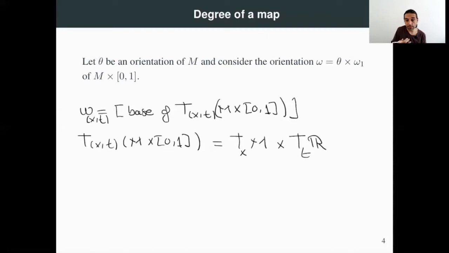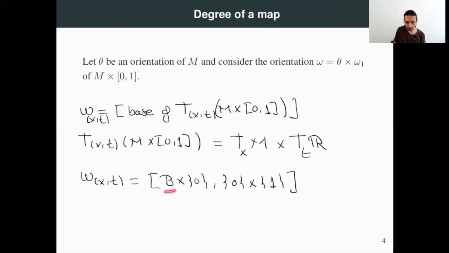Okay, indeed it is the line. And what we are going to do now is provide the base that is going to define the orientation omega. So omega of xt is going to be the class of B0, and here we're going to consider 0, 1.